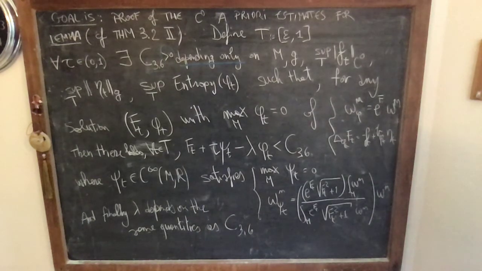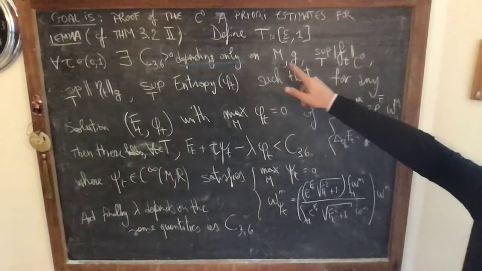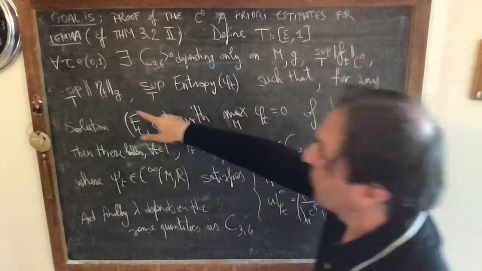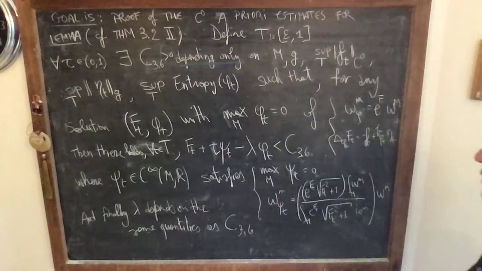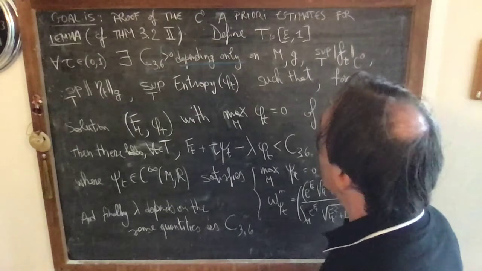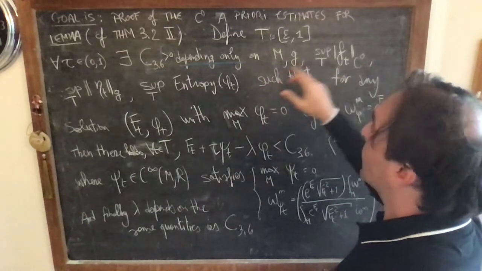It's meant to depend only on some explicitly listed quantities, and is also meant to be bounded as long as those quantities are bounded.